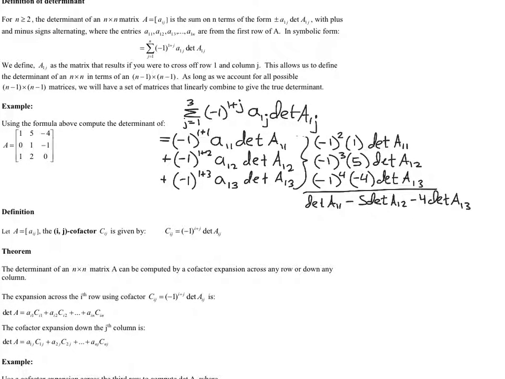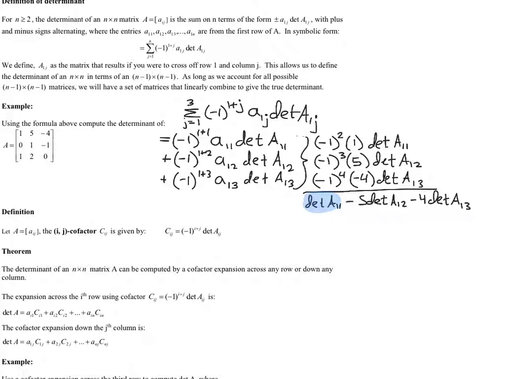Again, somewhere in this mess of a blurb, we talked about the idea that the determinant of a sub 1, 1, or whatever it is, a sub anything, is the determinant of the matrix that you would get if you eliminated the row and column that that entry is in. So I'll color code it.